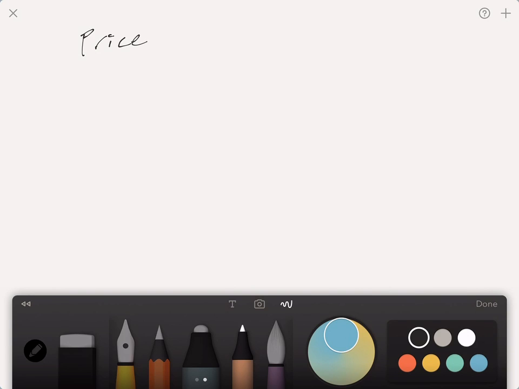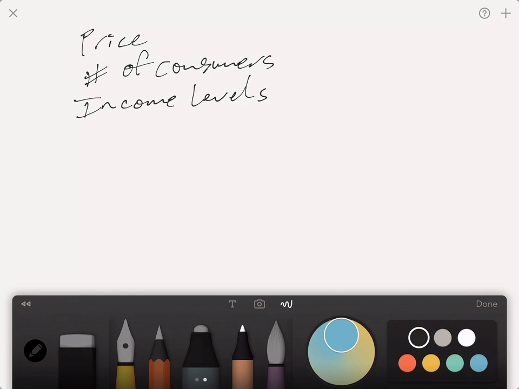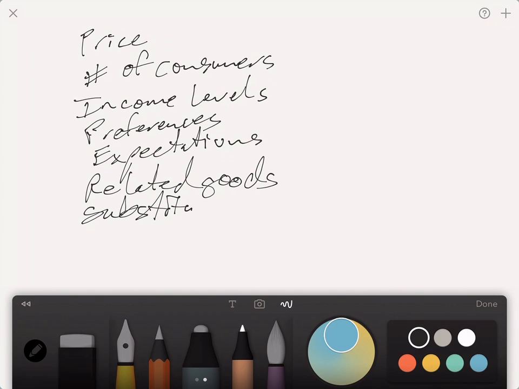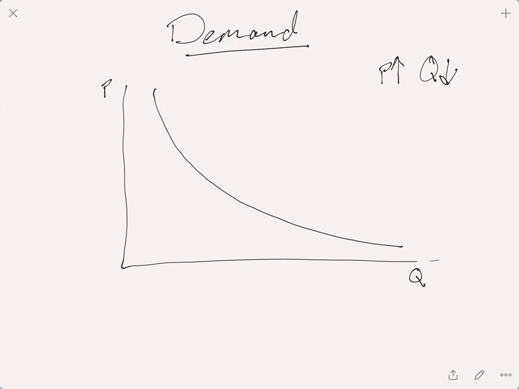Price, number of consumers, income levels, preferences, expectations, related goods, and substitutes of that good.